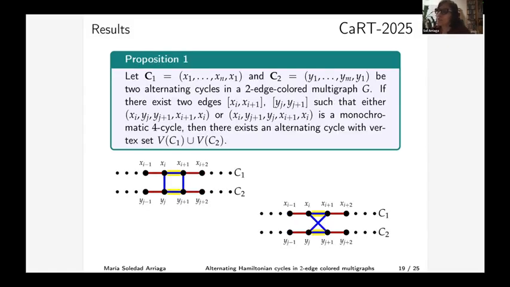Now results. Proposition 1. Let C1 and C2 be both alternating cycles.